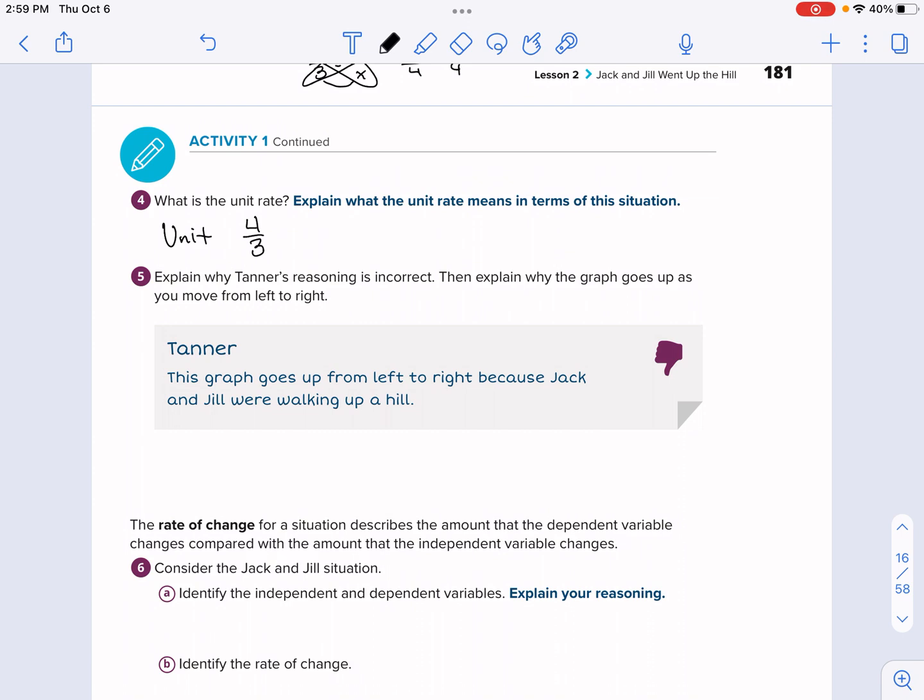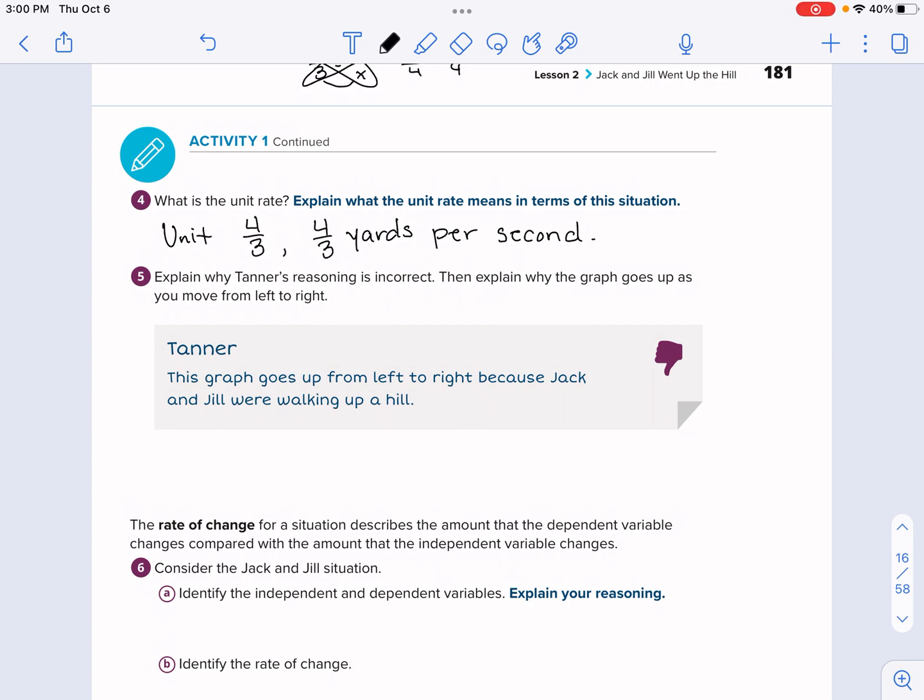So the unit rate is 4/3, so this means 4/3 yards every second. So we're going to say per second. We talked about earlier, we converted this to mixed number. This is also 1 and 1/3, so slightly over a yard every second. So every second over a yard. Okay, a little over 3 feet.